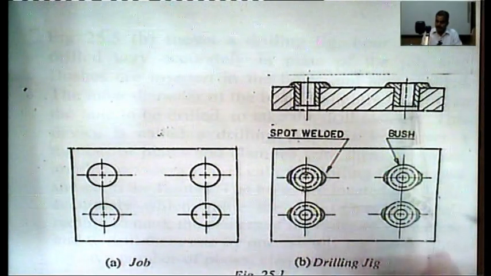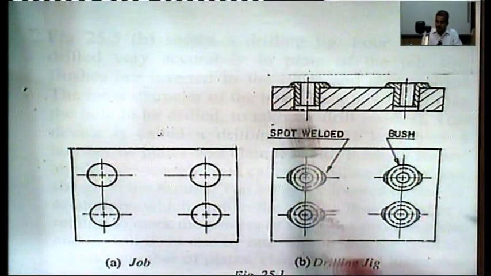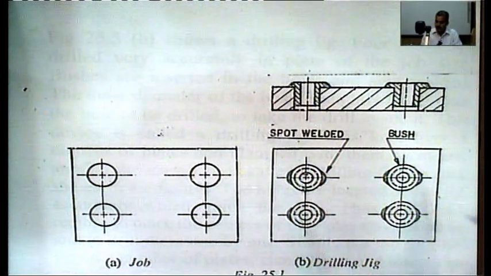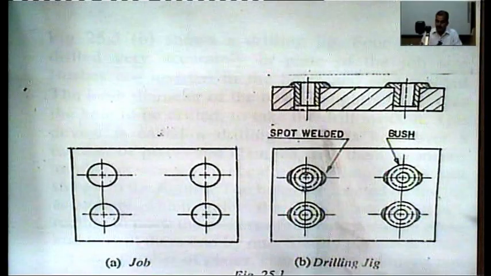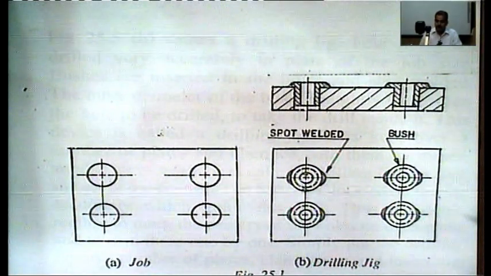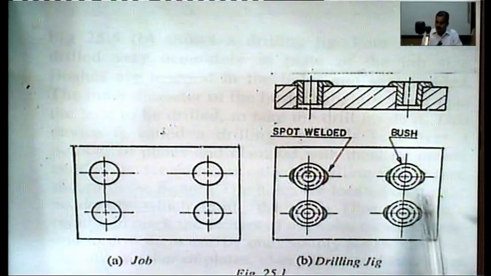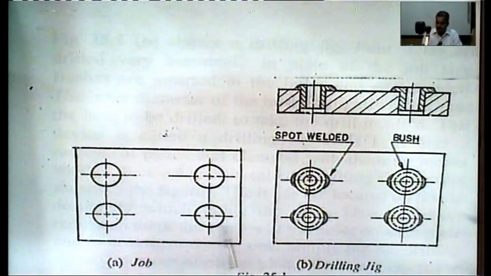This is the sectioned portion shown, and this is the top view of the jig plate. We make 4 similar holes which are as in the job.